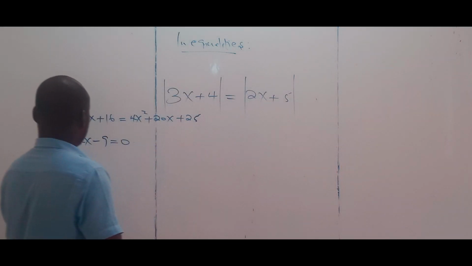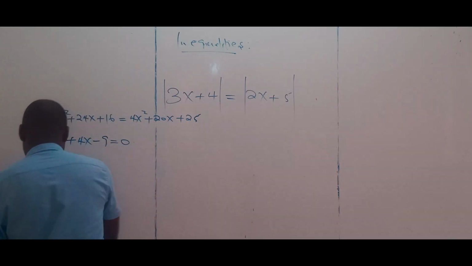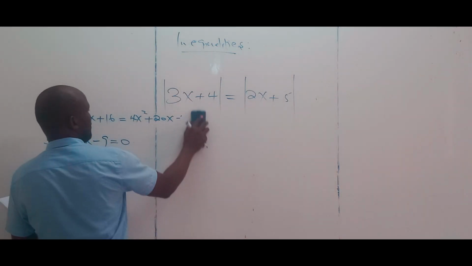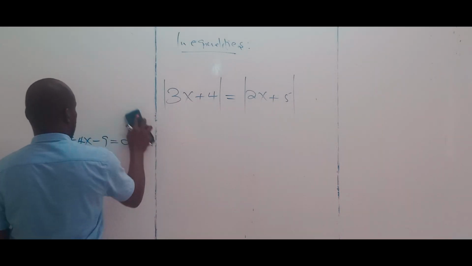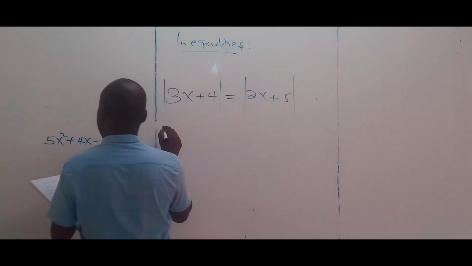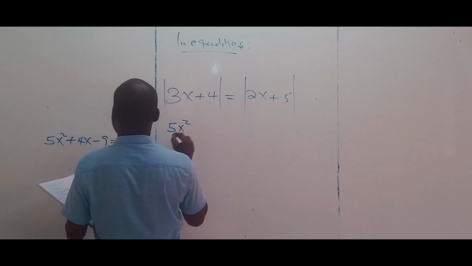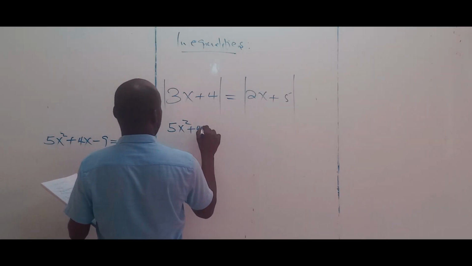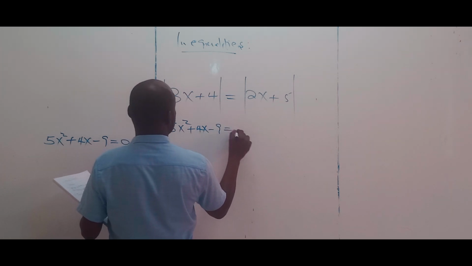So here, I now have this. In fact, I don't even need the upper one. So I'll say 5x squared plus 4x minus 9 is equal to 0.